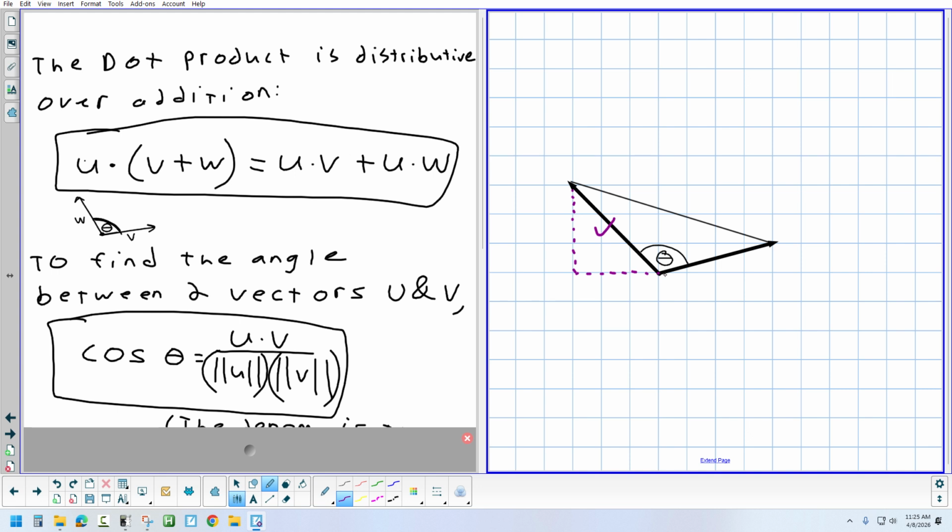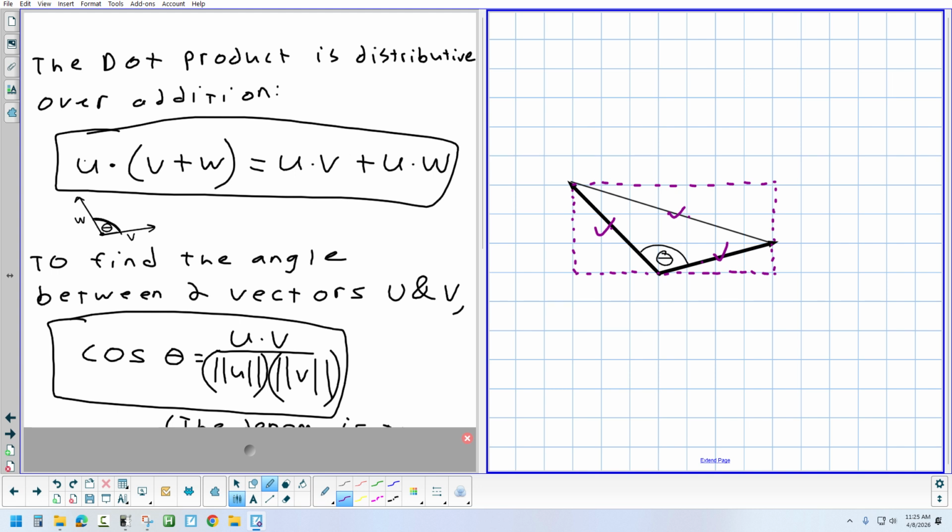I could find the length of this side using Pythagorean theorem. And how could I find the length of the other side that I drew? Use the two found lengths. Yeah. So we'd have to draw a triangle one more time, like this, and then do Pythagorean theorem with that other triangle. So if I did Pythagorean theorem 3 times, I could find the length of each of these sides.